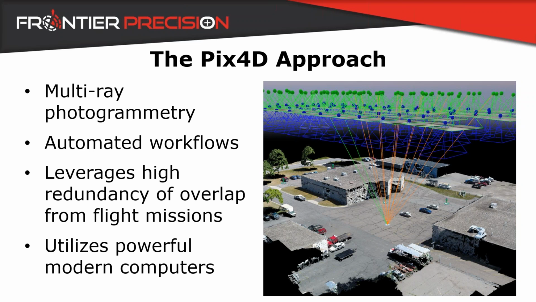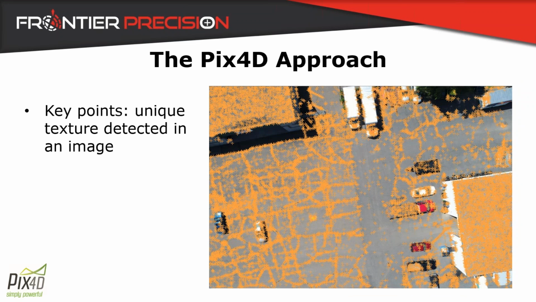So if we look at how we do this, Pix4D is first going to analyze the individual images and extract what we call key points. Key points are what we're seeing here on the right-hand side, the little orange plus symbols on the image. These are basically extracted from unique texture or objects in the image.